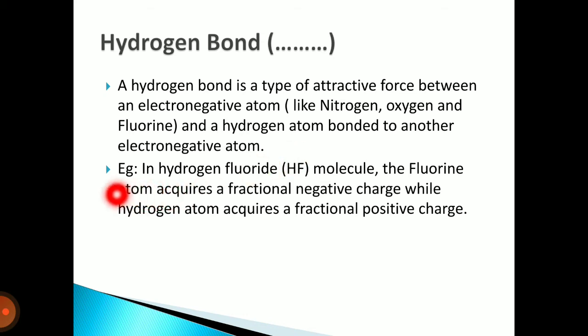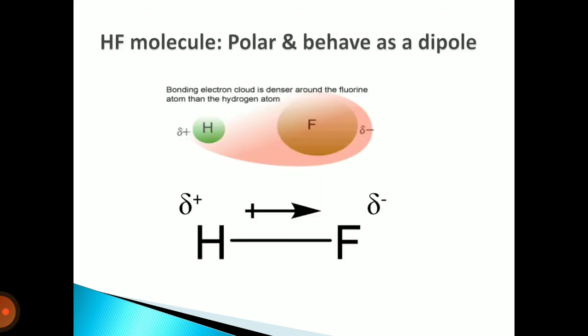Example, in the HF molecule, that is the hydrogen fluoride molecule, the fluorine atom acquires a fractional negative charge, being more electronegative, while the hydrogen atom acquires a fractional positive charge, which makes this HF molecule polar, and a dipole is developed in the HF molecule. Fluorine is more electronegative as compared to hydrogen.